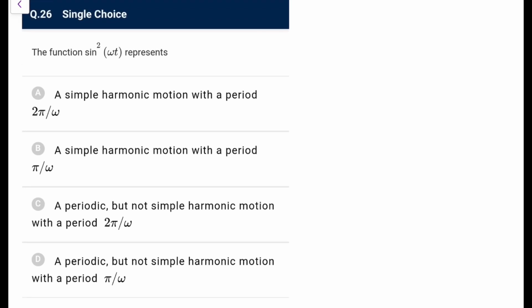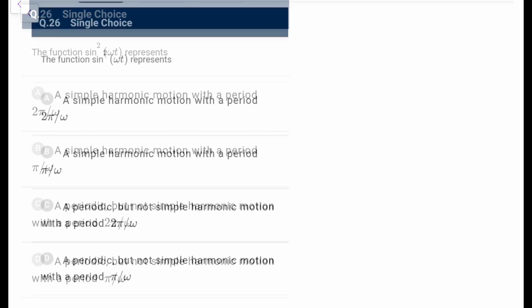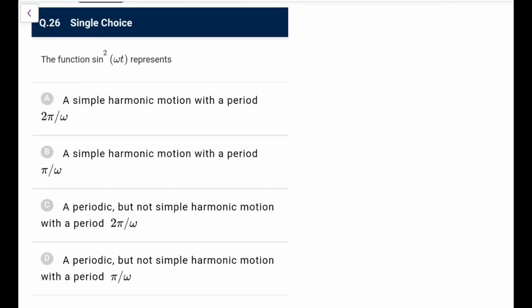The function sin square omega t represents. Sin square omega t we know is a periodic function with half the period, which is equal to pi by omega. So it's a periodic function with a period pi by omega. Now this is always debatable whether it is SHM or not, because most of the time we teach our students that if the function is like this, x is equal to a sin square omega t, simply we say this is going to be SHM.